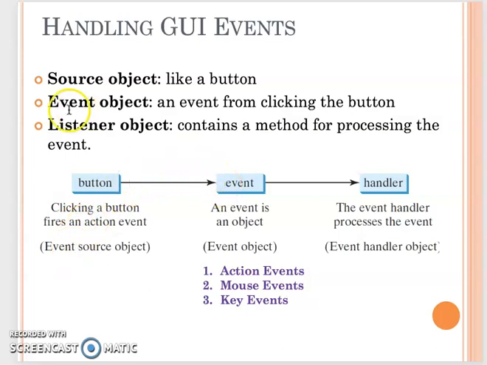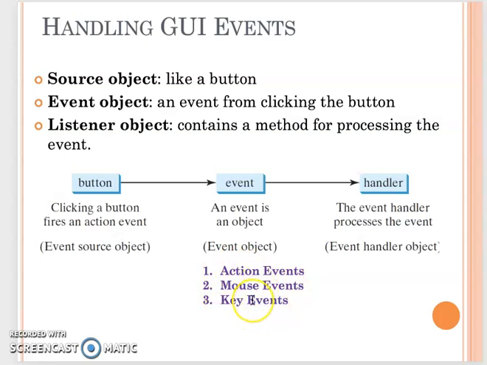Then we have the event object. Once the user touches the source object, we have the event object, which includes some information. Usually we have action events, mouse events, and key events.